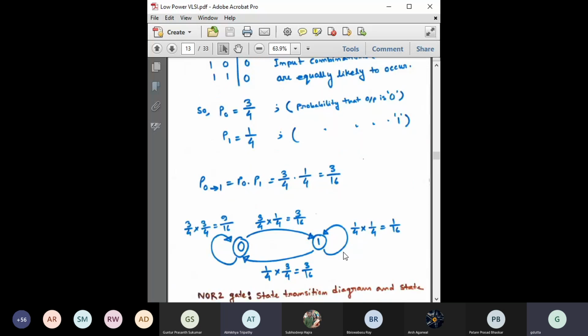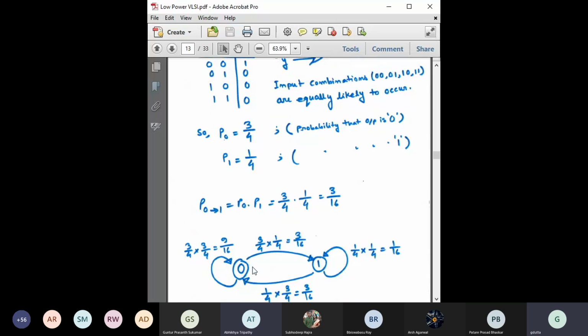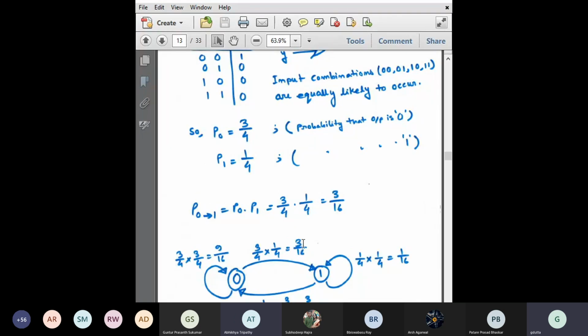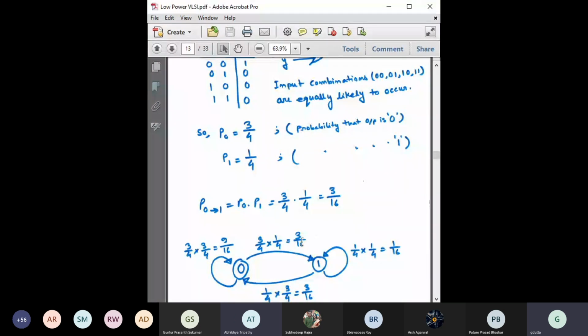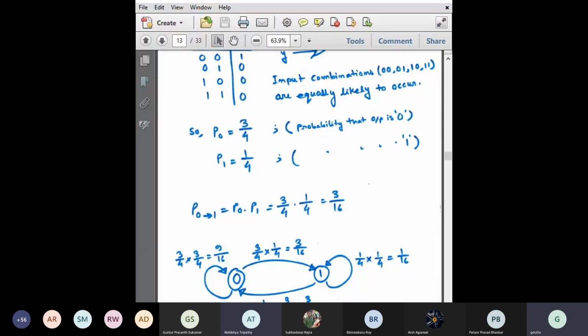Now let us say for different transitions. Initially it was at 0, now it has to go to 1. This is a state diagram, right? Initially the output was 0, now it has to go to 1. Then what is the probability? The probability is 3 by 16. Suppose from 0 to 0, what is the probability?